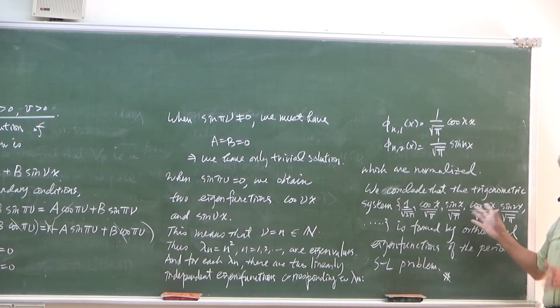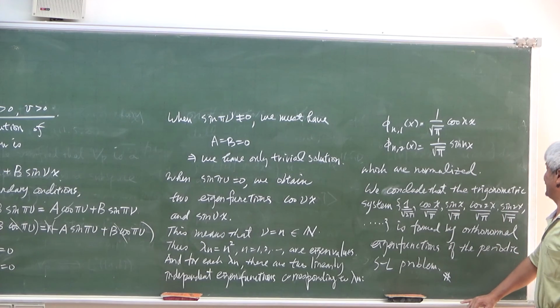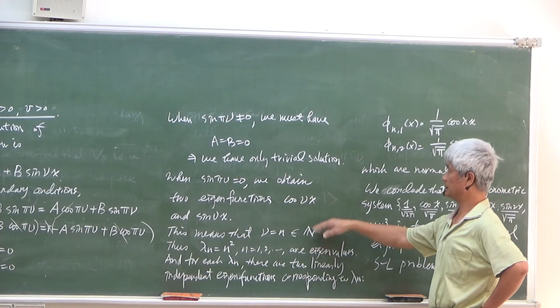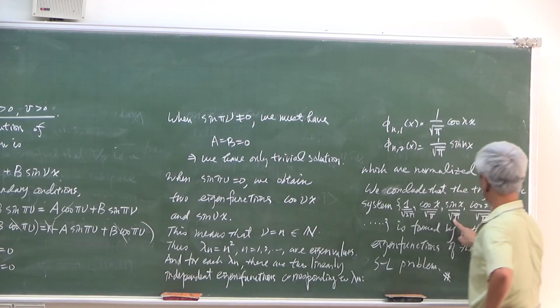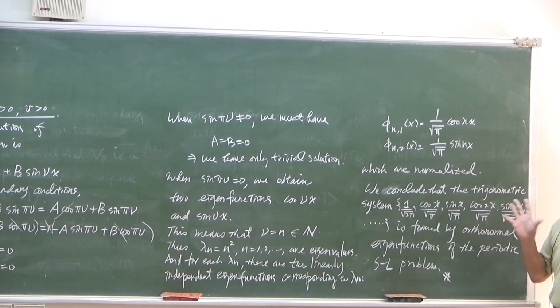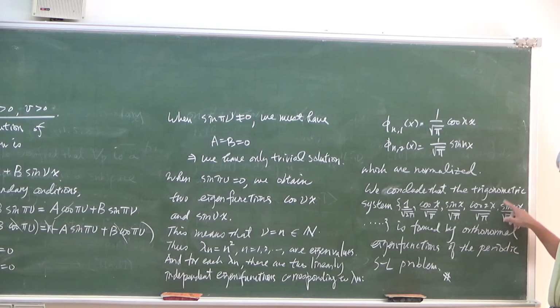They are orthogonal, of course, by the self-adjoint property, and they are normalized here because we put the constant here. They are orthogonal to each other, and each function is normalized. Any questions?